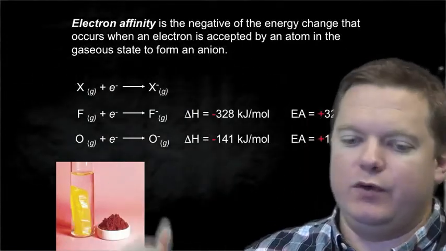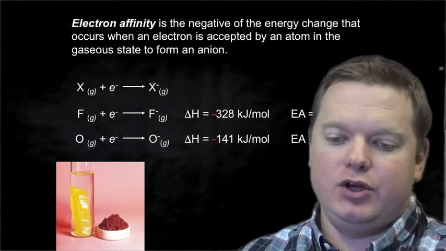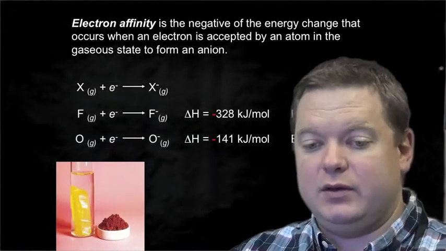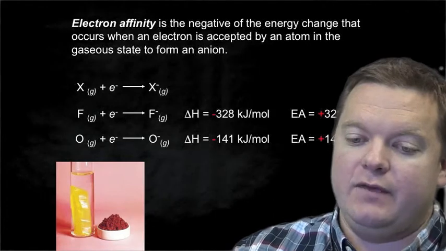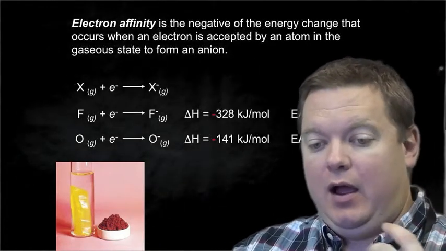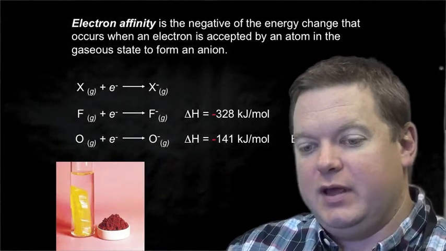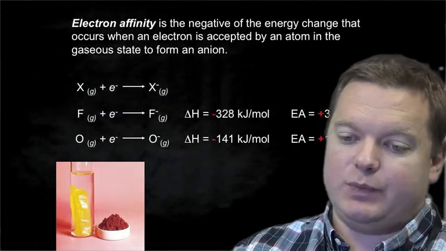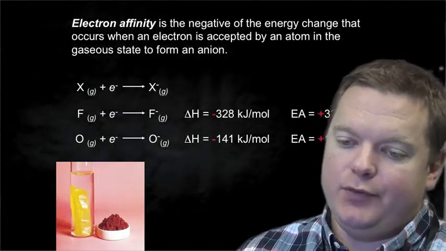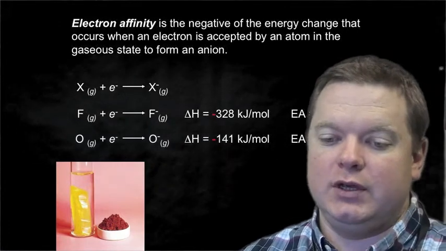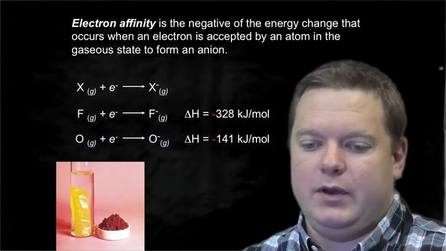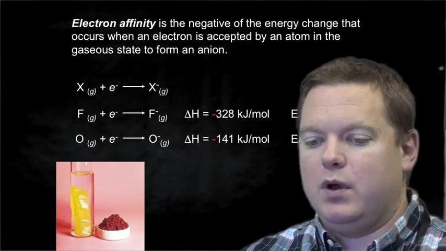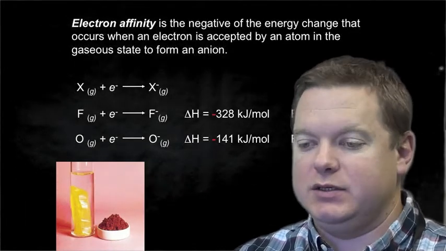If we do it for fluorine, the energy change, the delta H, for this is negative 328. Electron affinity is always talked about as the negative of that, so the electron affinity of this process is plus 328. For oxygen, again, the delta H is negative 141, so the electron affinity is a positive 141.